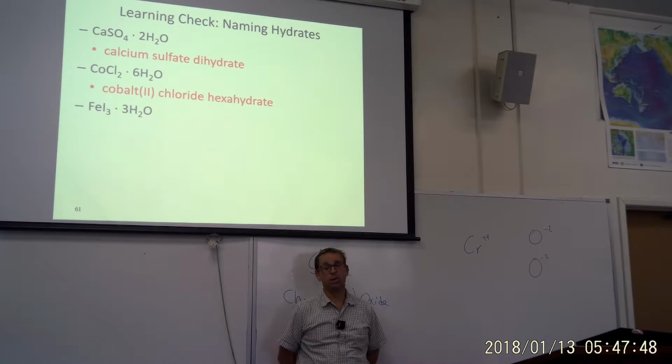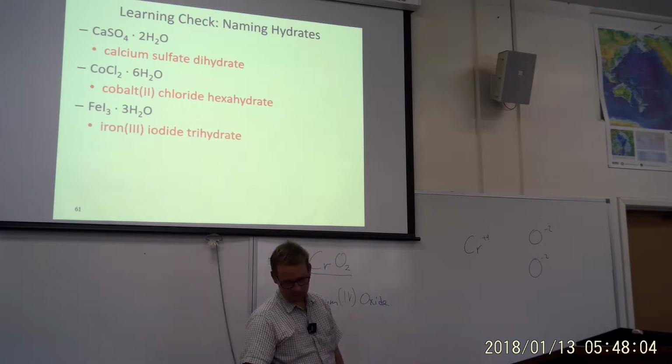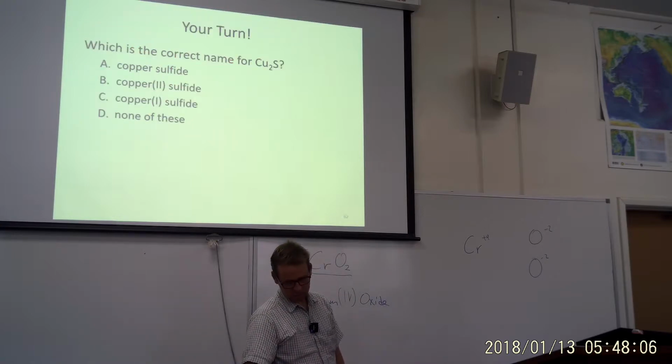Iron 3. Iron 3, you got to finish up the rest of that though, right? Iron 3 iodide, sorry, that's right, iodide. Trihydrate. Iodate is actually a polyatomic ion that's not on your thing.